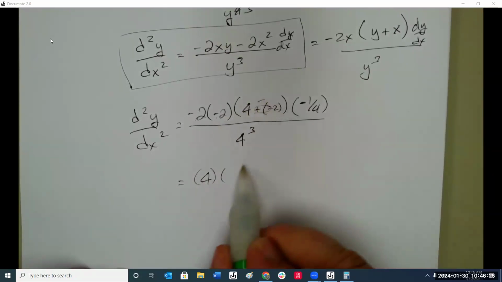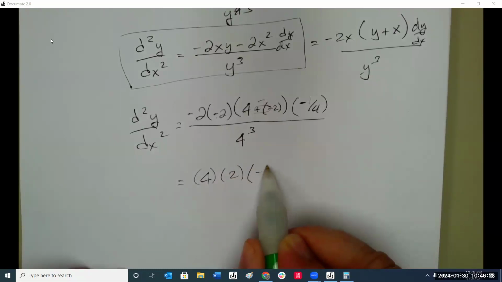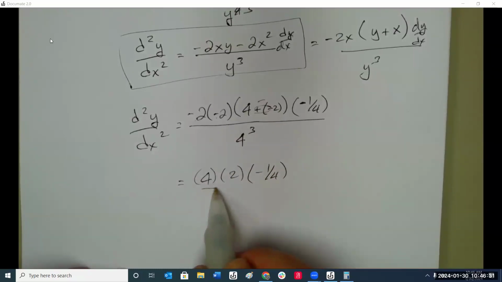Positive 4 minus 2 is 2, times negative 1/4.